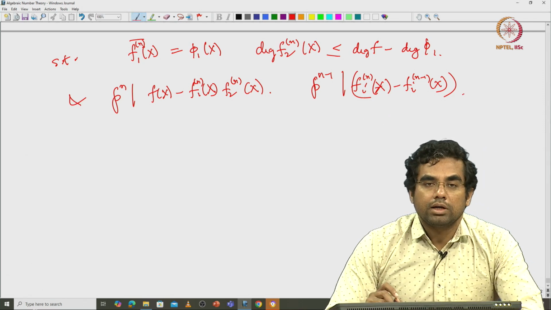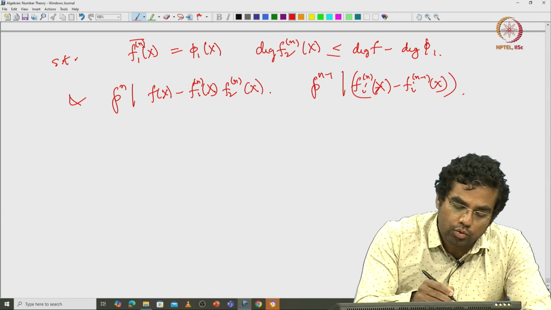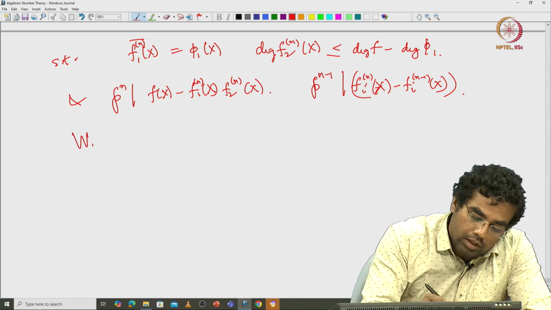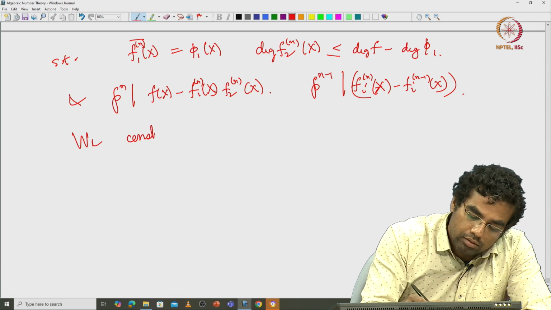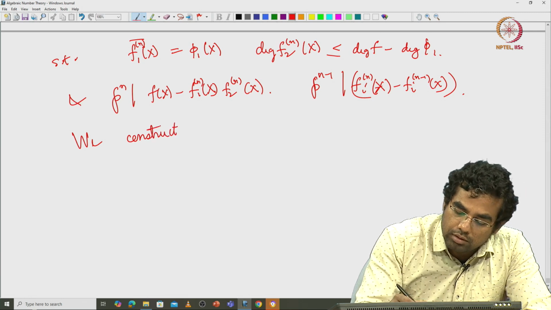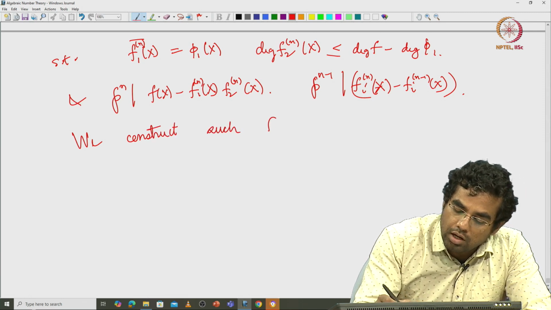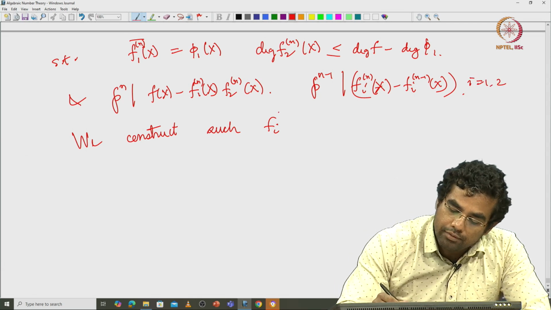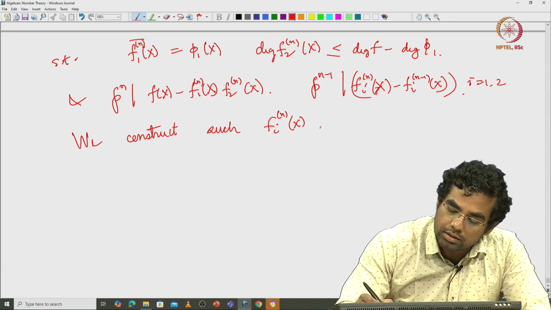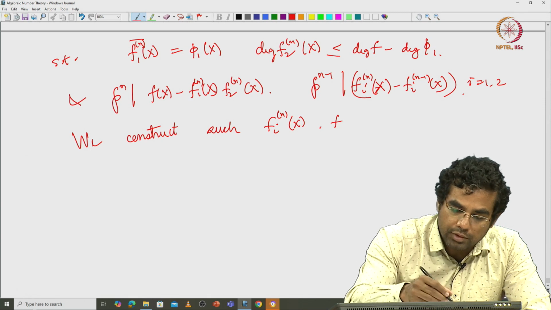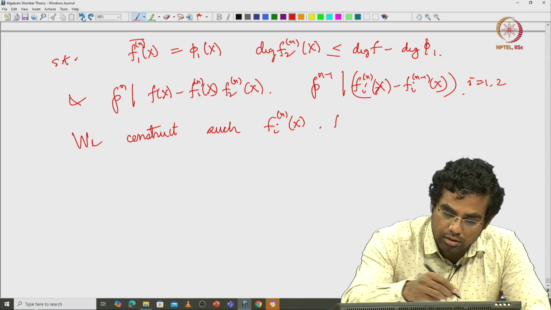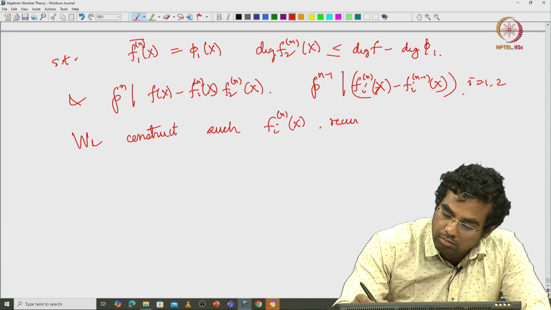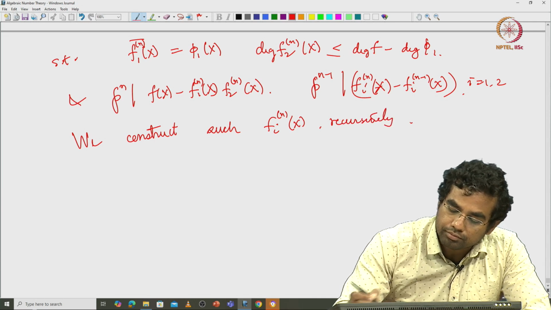So, we want to construct things like that, and so what do we do? We construct this inductively, we construct such f_i n of x, for i equal to 1 and 2, recursively.